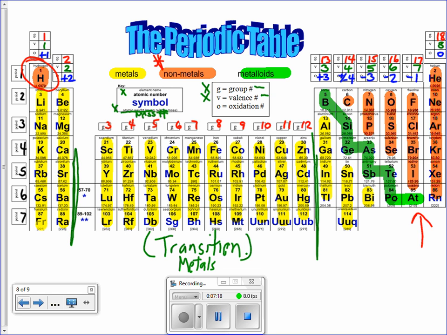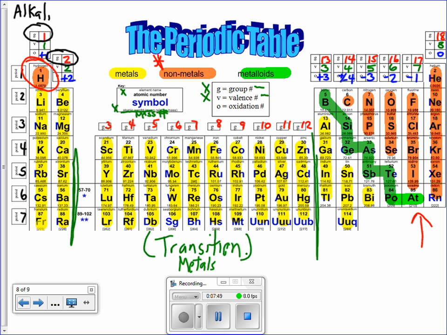Okay, the next, if you look over to the left side of the chart, grouping 1 is also called the alkali metals. Okay, that's what group 1 is called. They react very violently with water. They are soft, shiny, and I will give you a moment to pause that to fill that in.